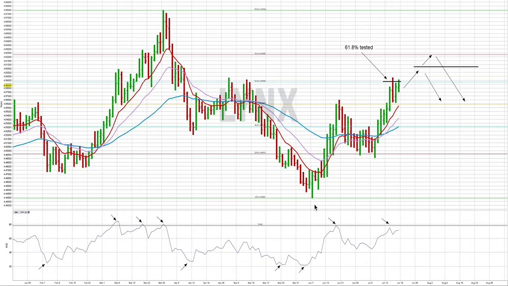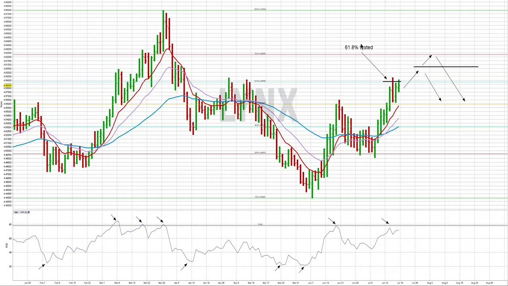This is the low at 443.9575. So these levels combined, as usual, give you the Fibonacci retracements: the 23.6, 38.2, 61.8, and 76.4.